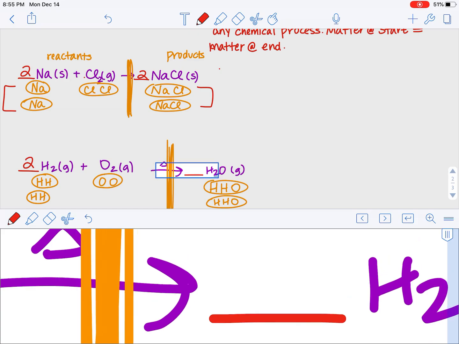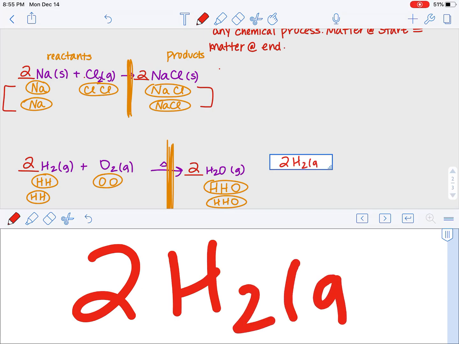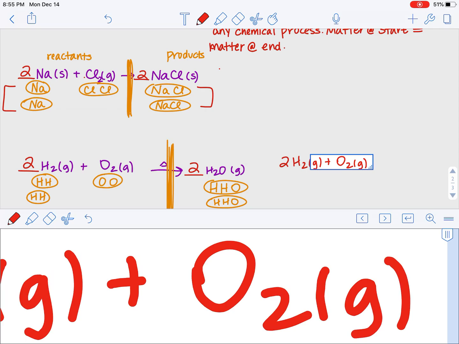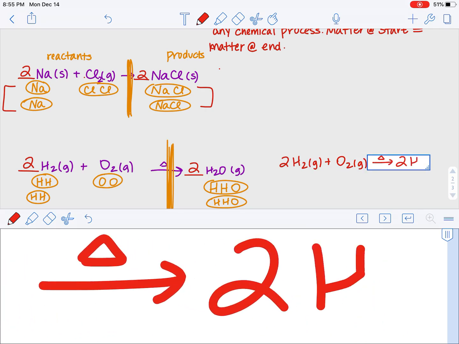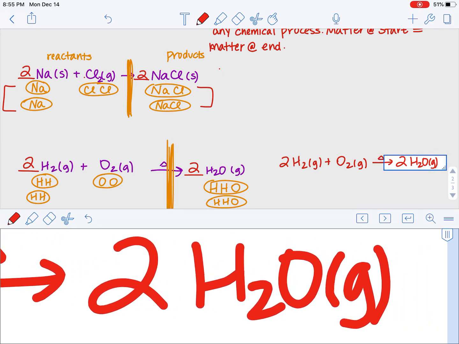And how many water molecules were produced? 2. So seeing that, 2 hydrogen gas plus oxygen gas produces, when heated, 2 moles of water vapor.